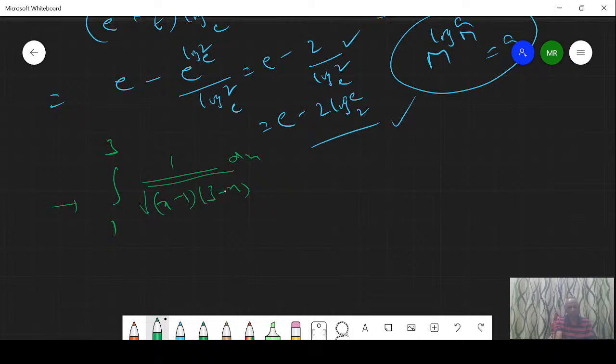The options given are pi, minus pi, pi by 2, and 0.